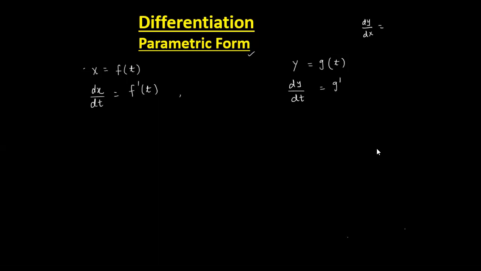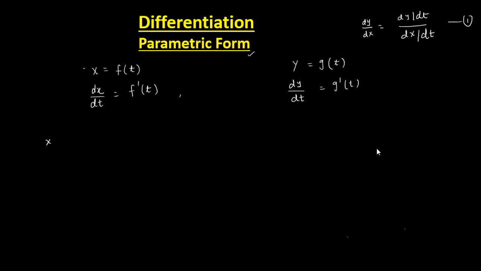Let us say here we get g prime t. Now, after getting dy over dt and dx over dt, we are interested to find dy over dx. So dy over dx is simply dy over dt divided by dx over dt. Let us understand this through some questions.